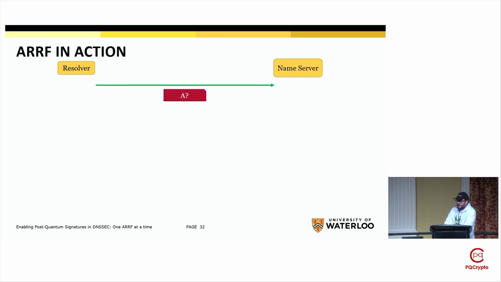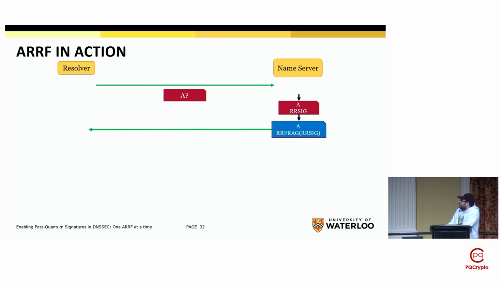So let's do a quick example. Say there's a resolver asking for some A record, and then a name server constructs this large DNS message with a large signature in red there, and it realizes, hey, this thing is way too big. It's going to exceed the 1232 byte limit.